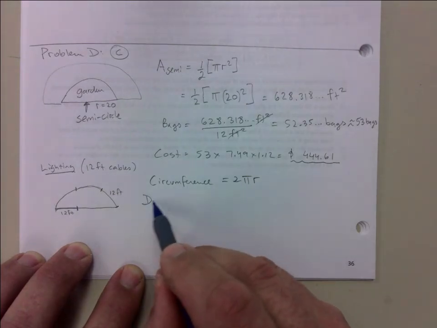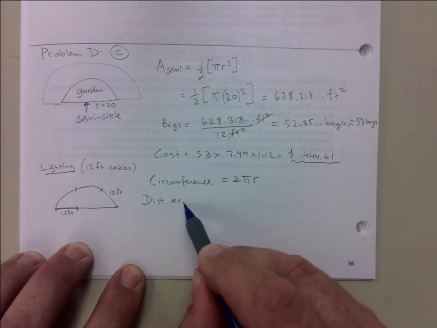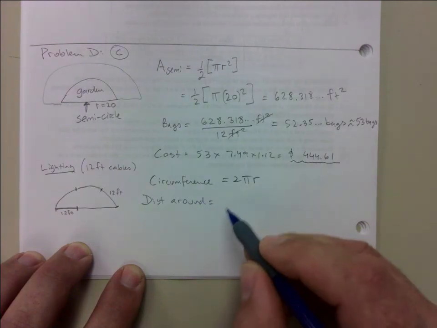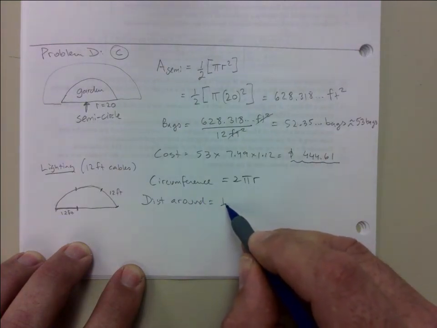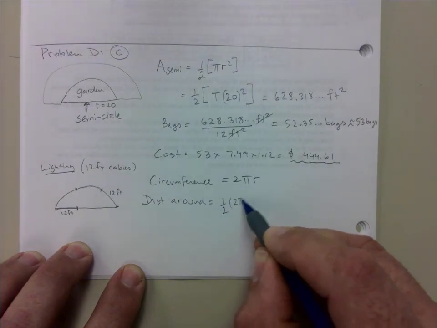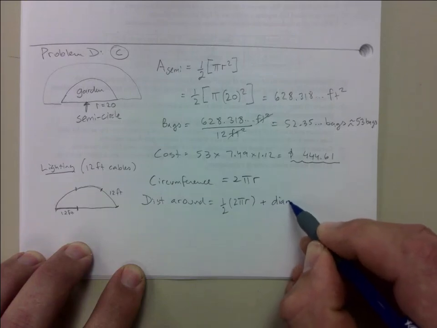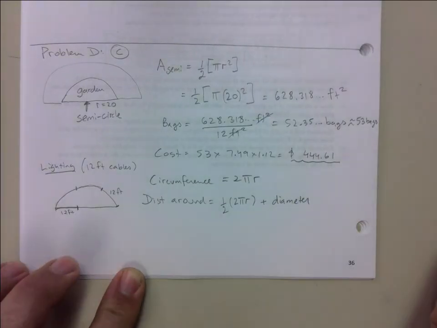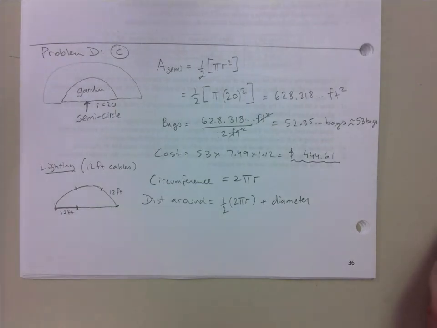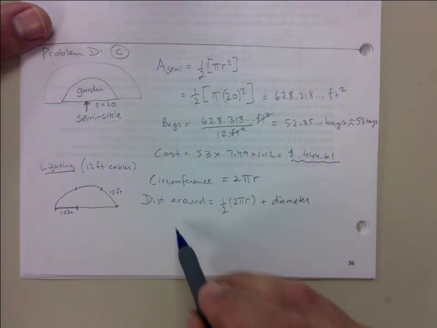So distance around is half of 2 pi r plus diameter. Should have paid attention grade 10, right? That's what you're thinking right now.